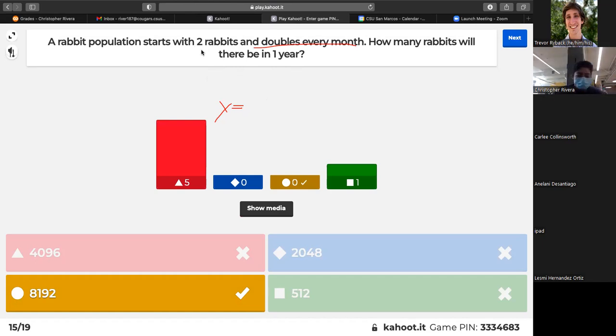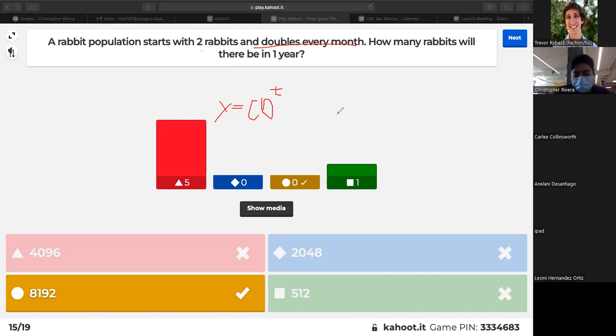Yes, it is C times b to the power of t. So we're going to do y equals C b to the power of t. Oh, it's not letting me draw, hold on. Okay, C b to the power of t.